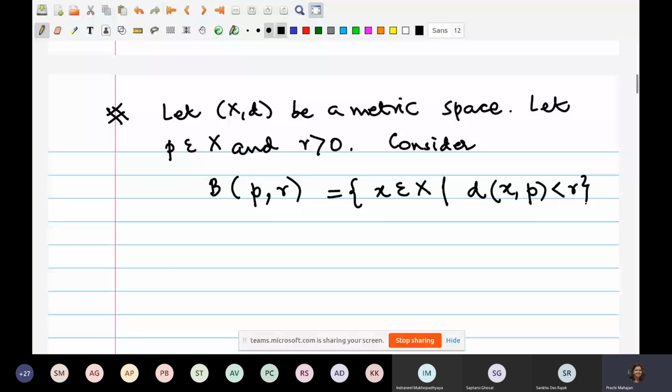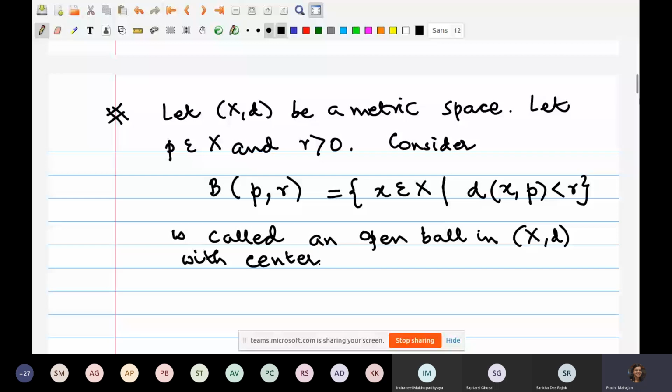This is called an open ball in the metric space (X, d) with center p and radius little r.